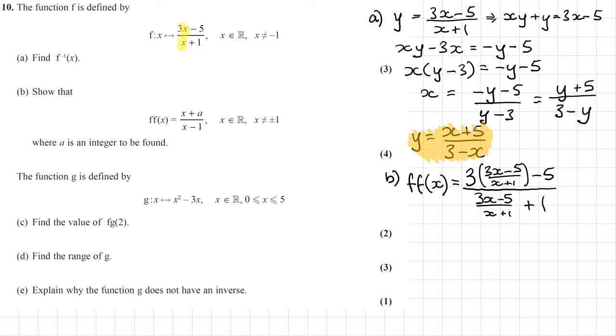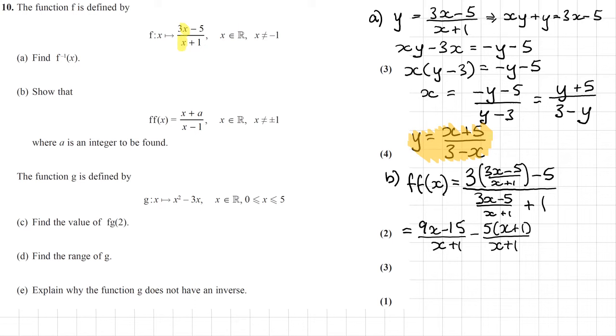Okay, now to tie this up, we're really going to have to get the top all as one sort of type of term, and the same with the bottom, so that we can multiply by the reciprocal of the bottom and get rid of that division. So multiplying the brackets, I'll get (9x minus 15) over (x plus 1). But we're also going to write the 5 as (x plus 1), so that'll be minus 5(x plus 1) over (x plus 1).